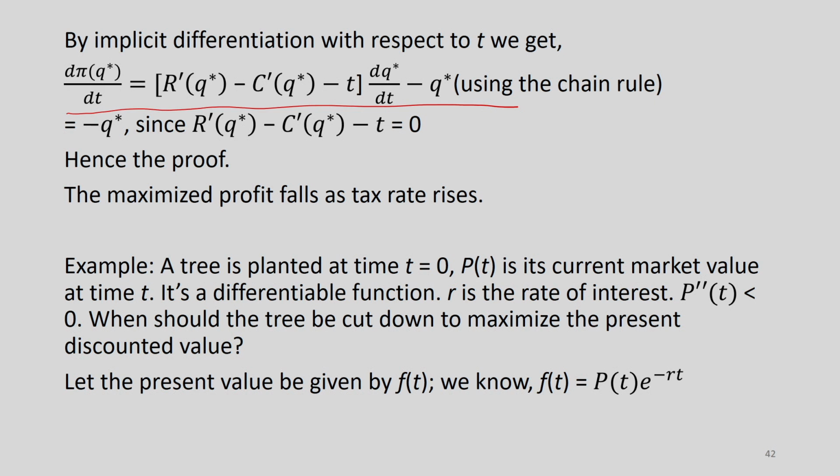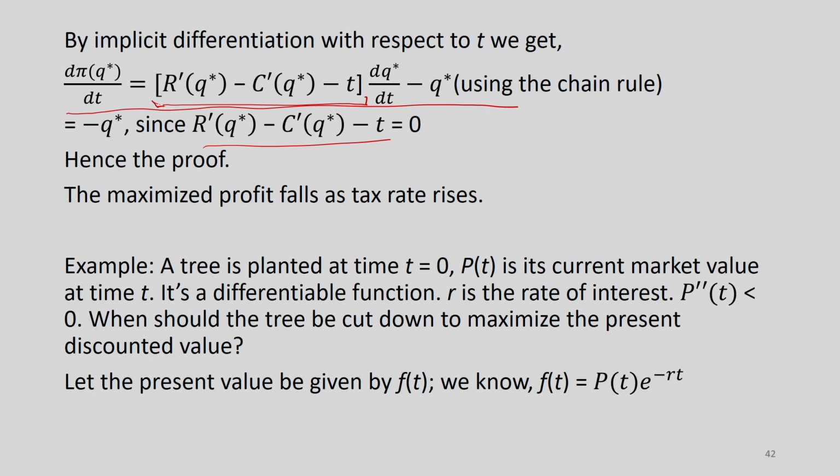That is basically the chain rule. Okay. Then from here what do I get? This first term will actually drop out, because by the necessary condition, the first order condition, this is equal to 0, right. So, we are only left with minus q star, and which is the proof.